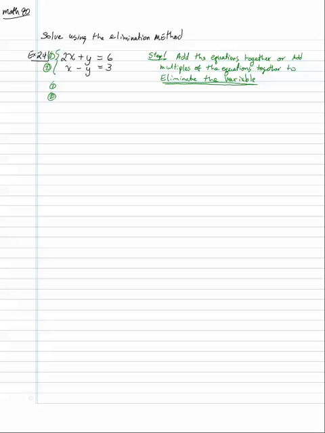If you add the equations together, you just add down the columns: 2x plus x is 3x, plus y and negative y is 0, so those go away. And then 6 plus 3 is 9. So we get lucky and we eliminated the y. Normally you wouldn't write the 0, you just write 3x equals 9. So that's step 1. And we'll talk about the multiples in a minute.